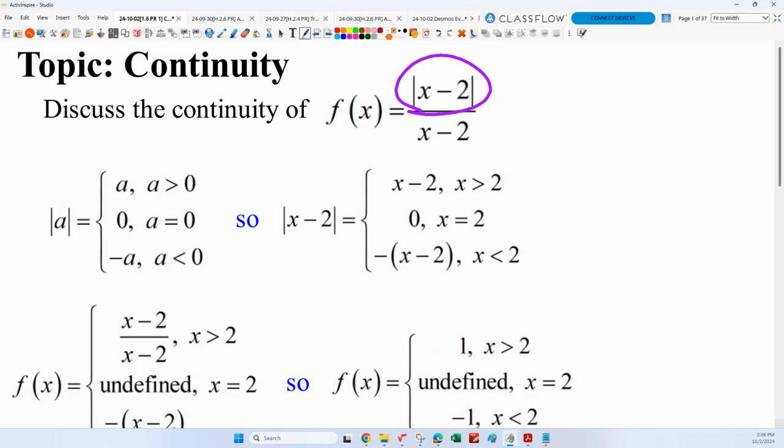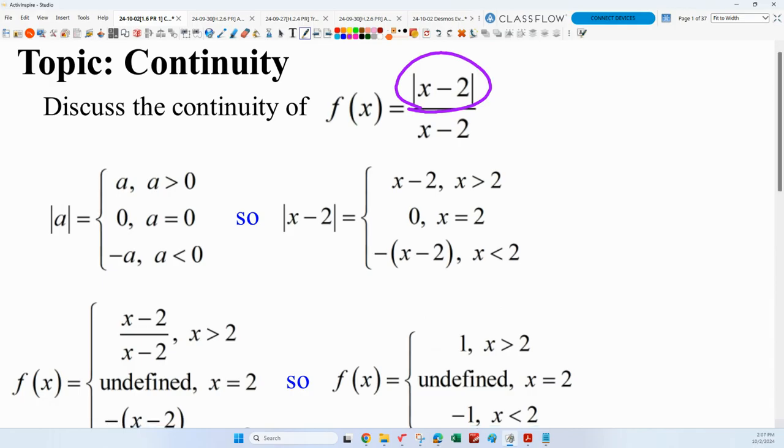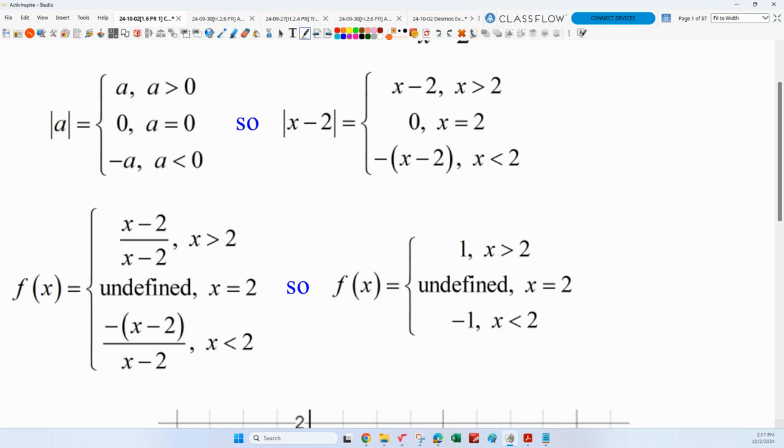Because the absolute value part of that function is defined as a piecewise function, so we have to treat the whole thing like a piecewise function. Anybody see that? Okay. So what would that look like? If we took all of these parts and divided each of those parts by x minus 2, wouldn't we just get that?